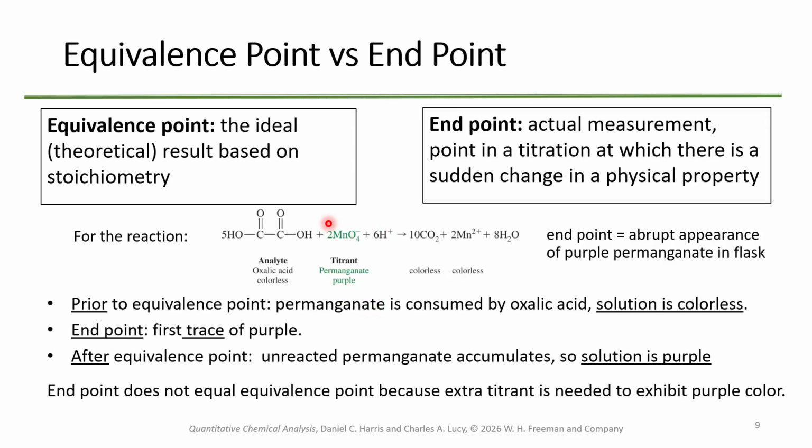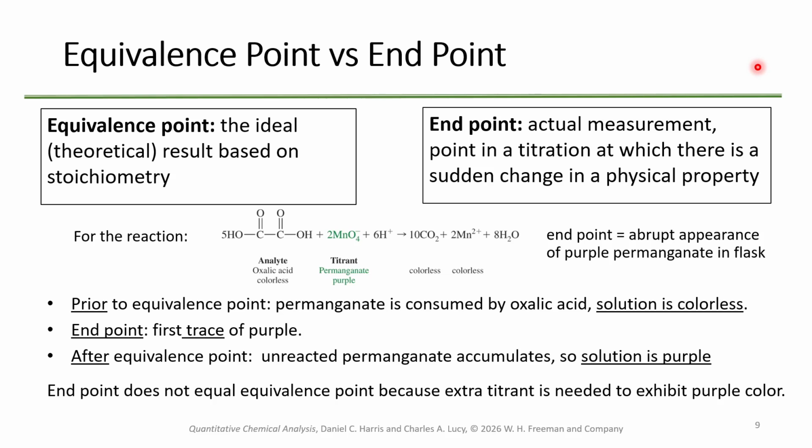Okay. Now again, the equivalence point is a theoretical result based on stoichiometry. You'll probably never actually be able to detect it for the most part. You'll get pretty close if you choose your endpoint very well, and that's kind of the best you can do. The endpoint is going to be the actual measurement point in a titration, when you have a sudden change in a physical property.